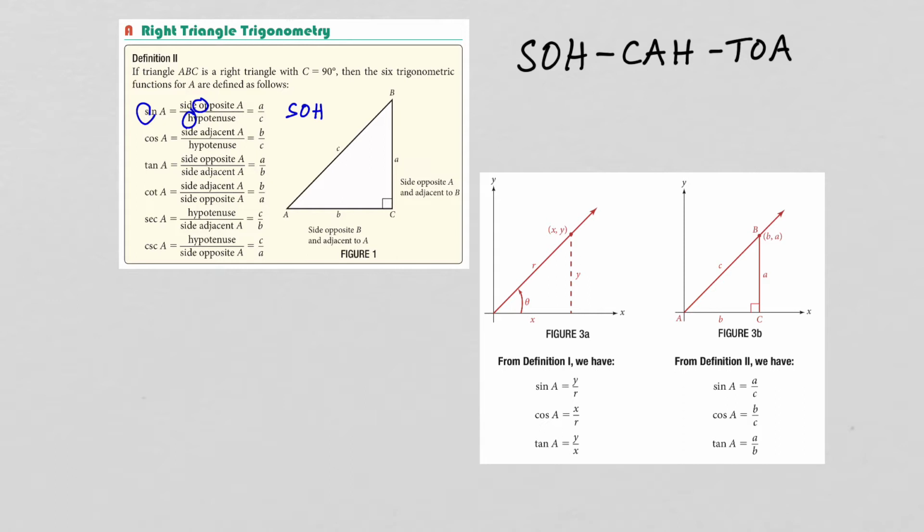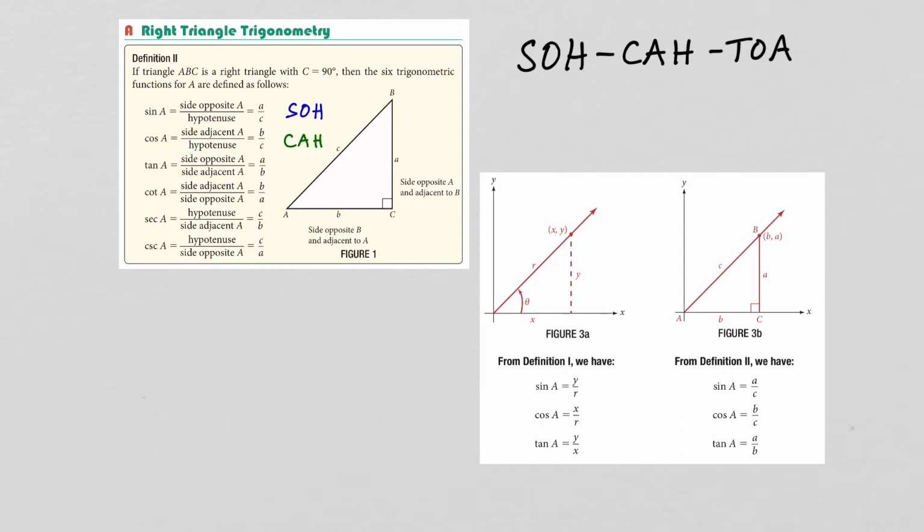In a similar way, if you look at cosine, you'll notice that cosine is adjacent over hypotenuse. And so we can think of that as CAH. Cosine is adjacent over hypotenuse, and we pronounce that "ka."